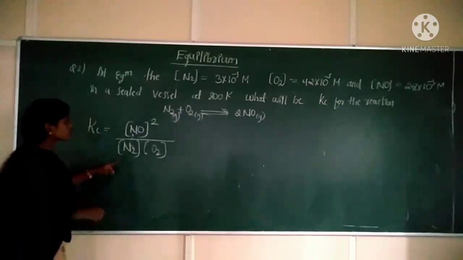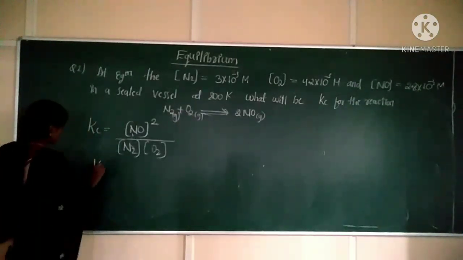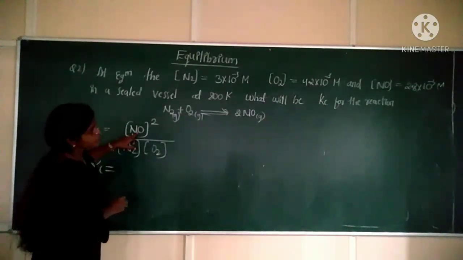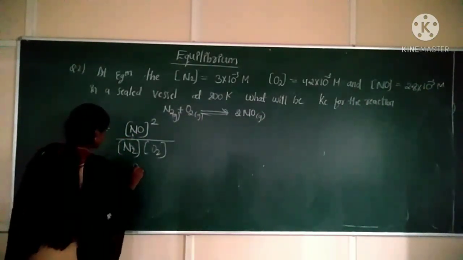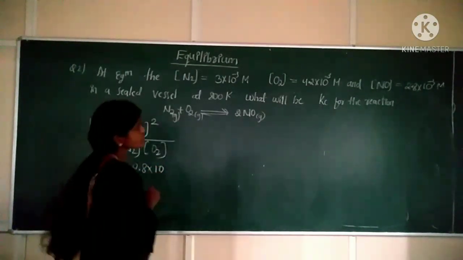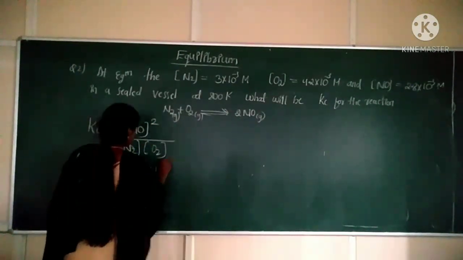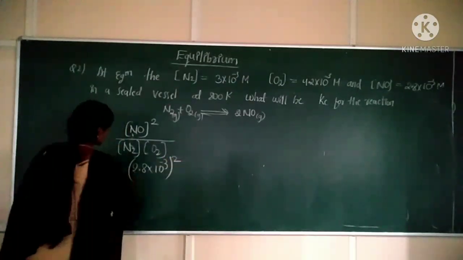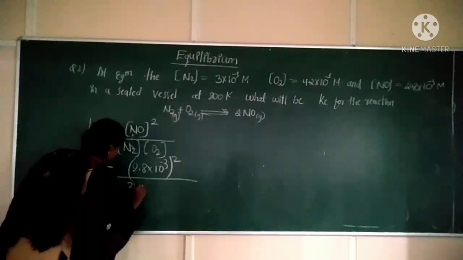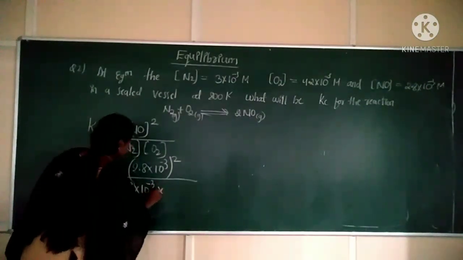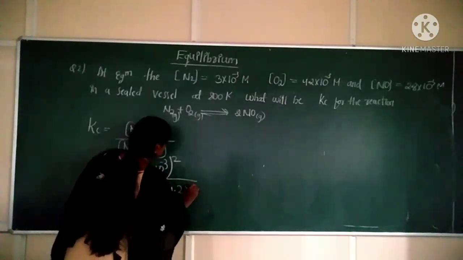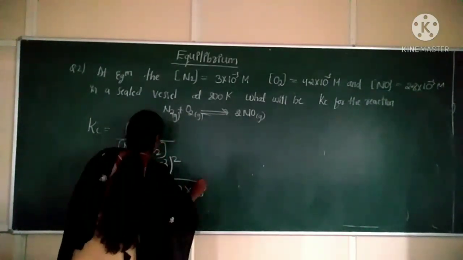Correct? So substitute the values. Kc equals 2.8 into 10 to the power minus 3 whole to the power 2, divided by N2 concentration 3 into 10 to the power minus 3, into O2 concentration 4.2 into 10 to the power minus 3. Correct?